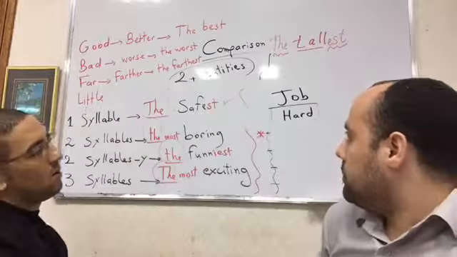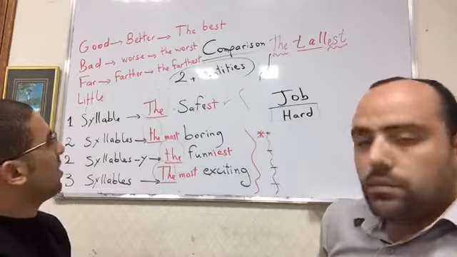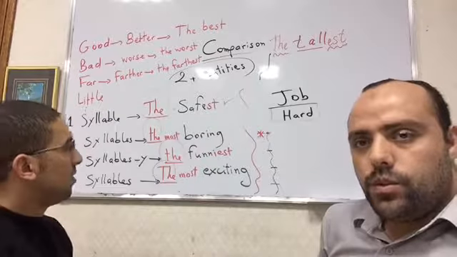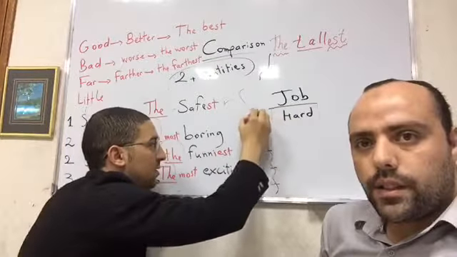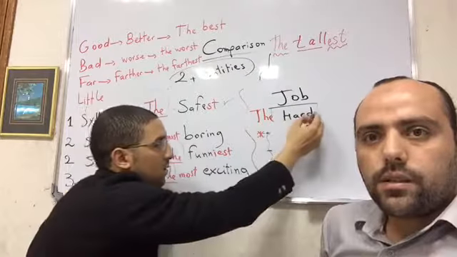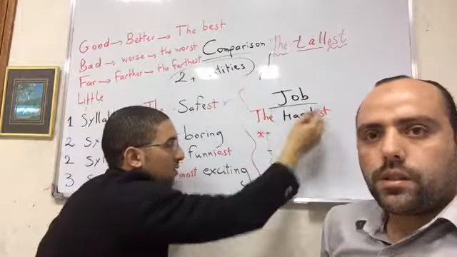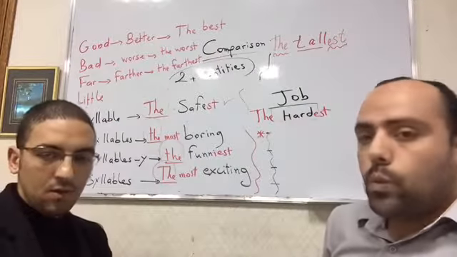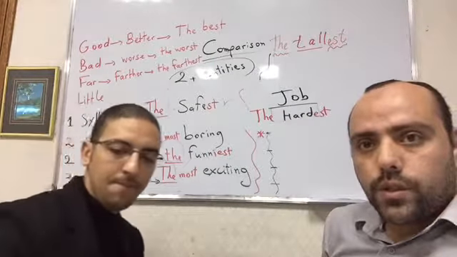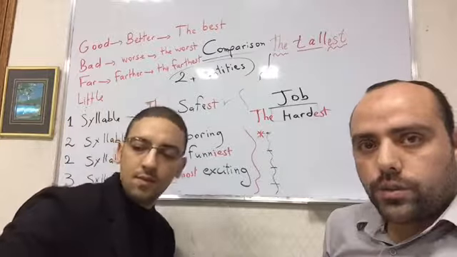It is so easy. It has just one syllable, so we're just going to add "the" before the adjective and -est at the end. So it's going to be the hardest.